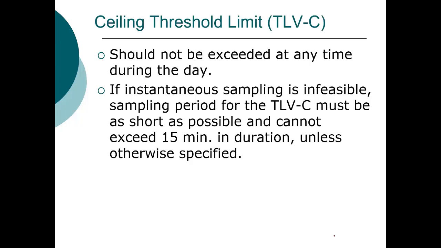Now the ceilings are a level that should not be exceeded at any time during the day. If instantaneous sampling isn't feasible, then the sampling has to be as short as possible and can't exceed 15 minutes in duration.